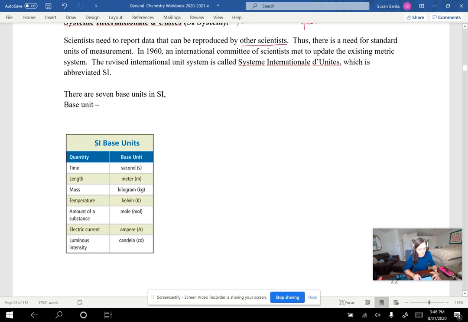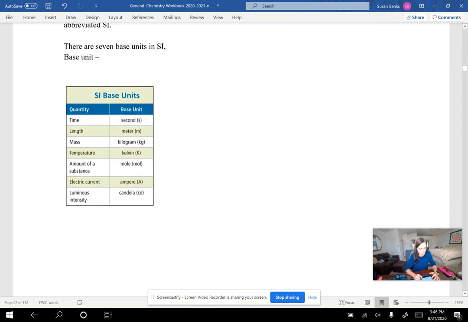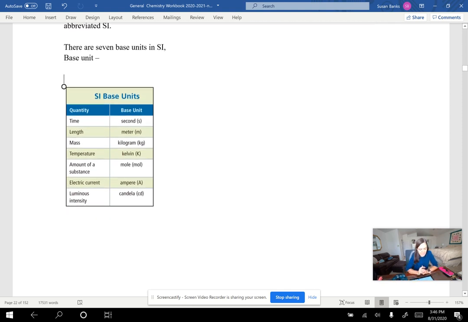There are 7 base units. So here are our base units. Time is in seconds, and we are doing the classic 60 seconds per minute. Length is done with meters. You've seen meter sticks; with length, we are measuring how long something is. Mass is done in kilograms.